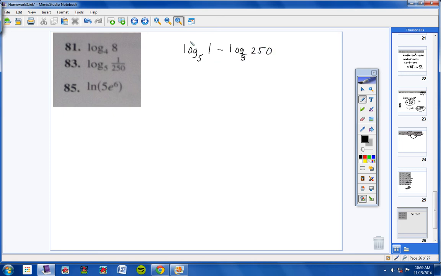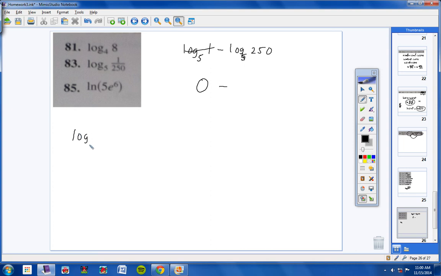Now remember, guys, anytime you take the logarithm of 1, it equals 0. That's a property that we learned. So the logarithm of 1, I don't care what the base is, is 0. That's gone. 0 minus, now let's solve this over here.